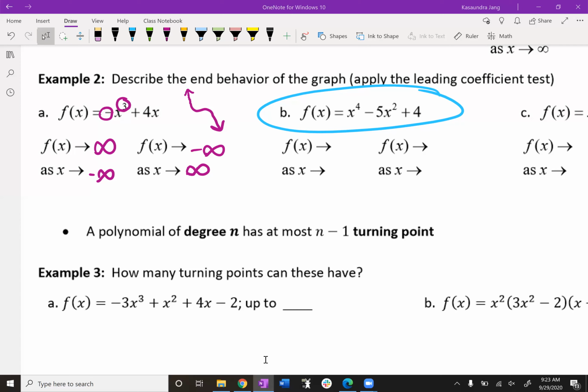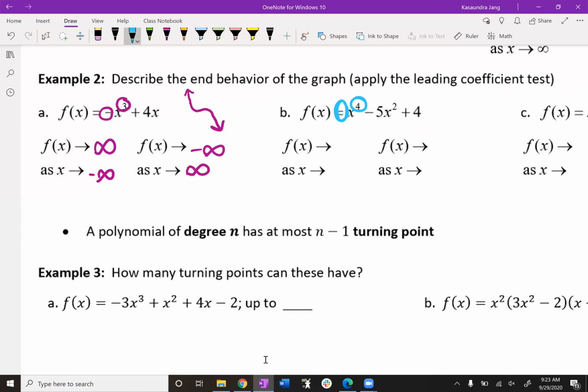So Dylan, you're right. We did not have to worry about the 4x. We were worried about the leading coefficient and the degree, which in this case is degree 4. 4 is my highest exponent. And the leading coefficient, the coefficient of that x to the 4th, I actually don't see it. What is my leading coefficient if I can't see it? 1. Oh, they're multiplying by 1?